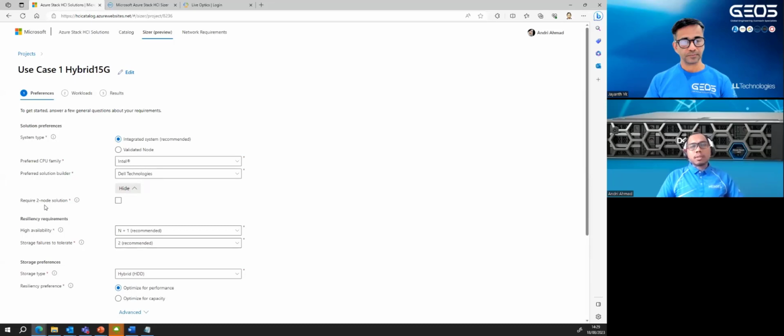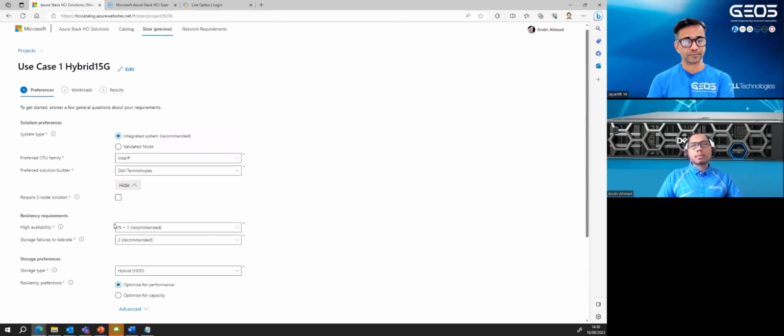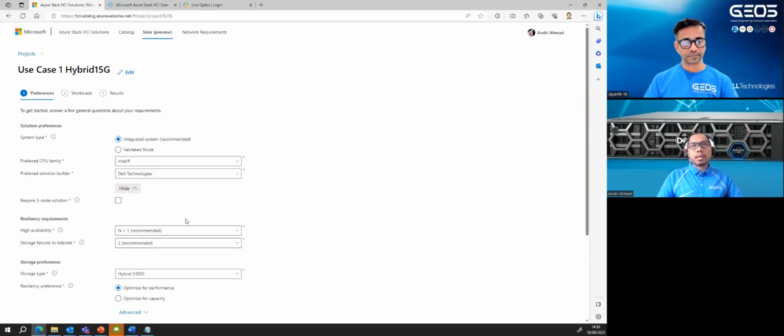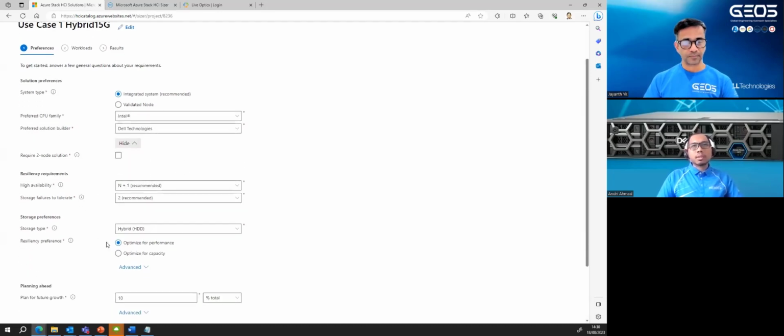There's also another criterion which is specific to edge use cases. If you want a two-node solution, you can click two-node solution, and then it will always give you the two-node solution, which is useful for edge use cases. So for now, I just untick the two-node solution.